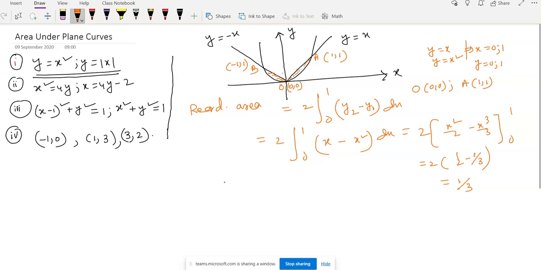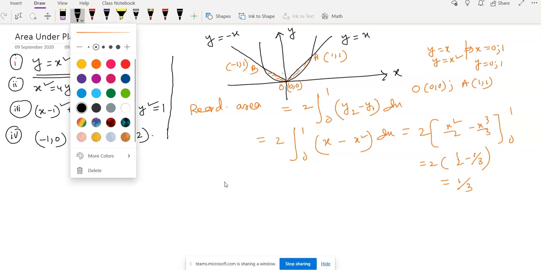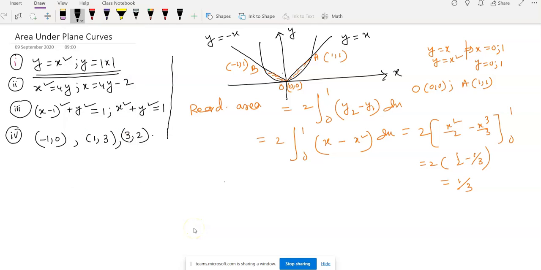Now for the second one, again we trace the curve properly. This time the same kind of parabola will be there. The area is 2 into 1 by 6.